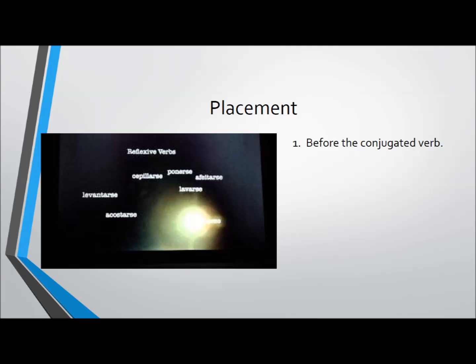Rule number 1, you can always put them before the conjugated verb. You cannot have a sentence unless there is a conjugated verb. Rule number 2, you may attach the pronouns to an infinitive verb. Now that assumes that there is an infinitive verb and not every sentence will have one. But if there is an infinitive verb, feel free to attach it, or, since it's a complete sentence, it will have a conjugated verb, it can go in front.